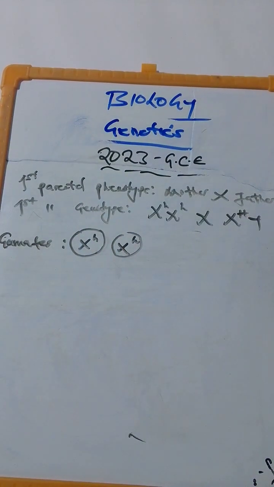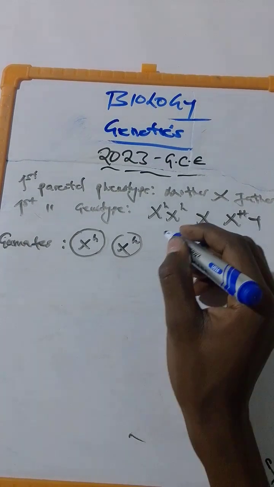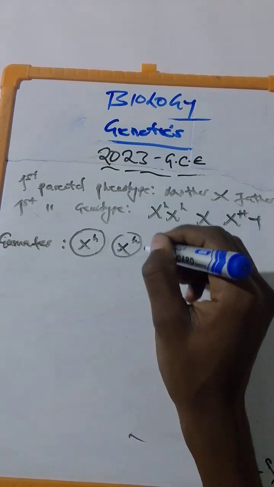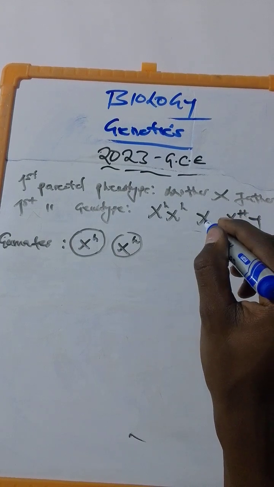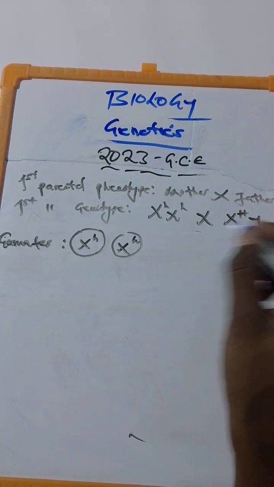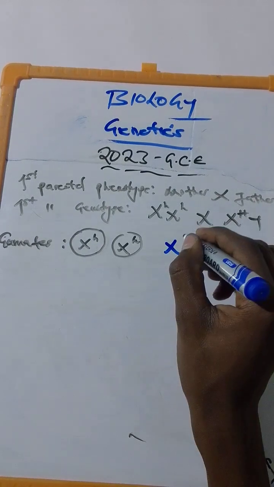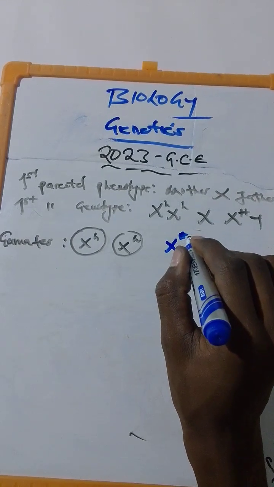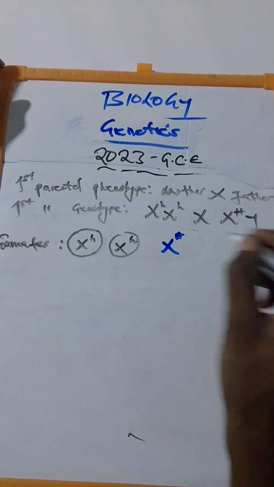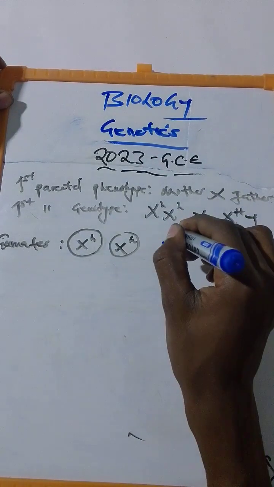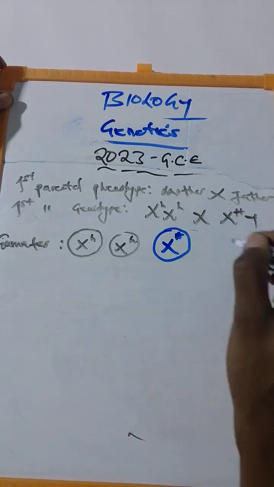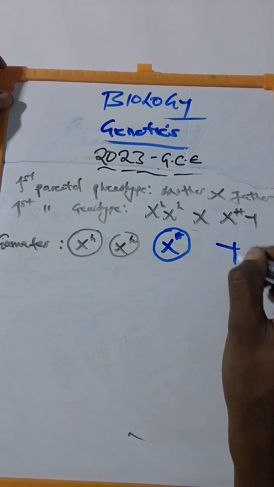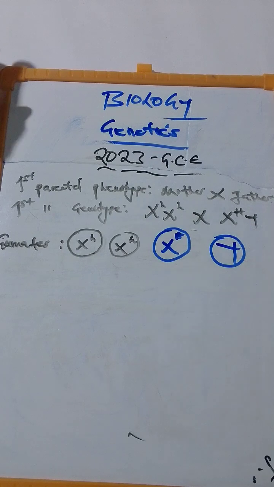Let me use another color for the father, so that when you're plotting, it will be very easy for us to see. Then from here, we're going to get for the father. At this point now, don't put this cross. So for this one is for the father. Then I'll circle it. Then of course Y, I'll also circle it. So those are my gametes.